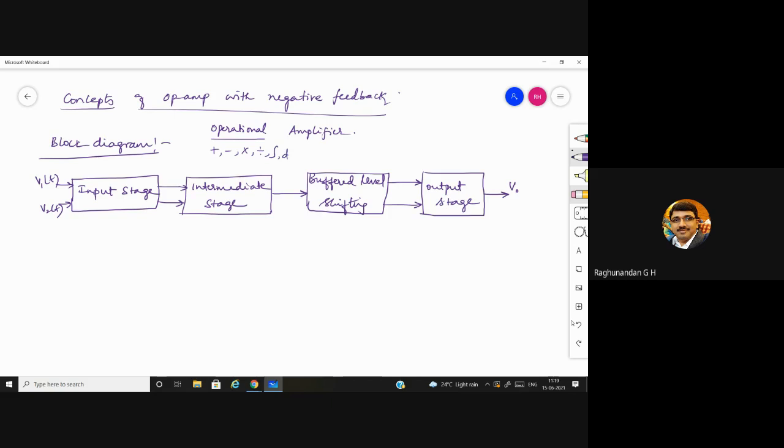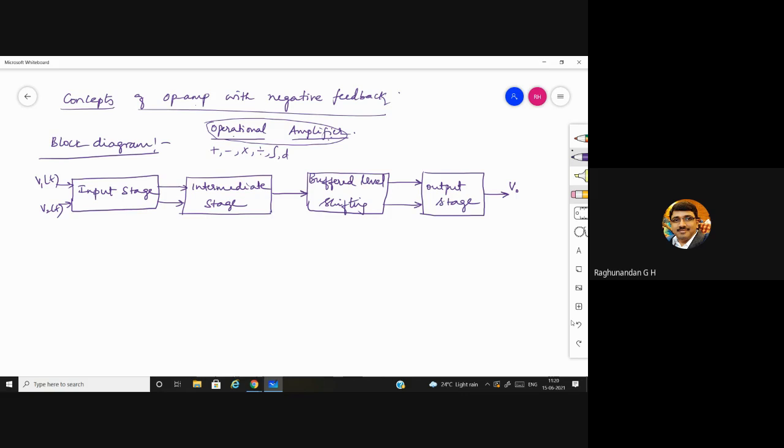The mathematical operations can be done. Along with that, amplifier. That means it is a device which is going to increase the strength of the given input signal. So the op amp is the device which is going to increase the strength of the signal along with doing some mathematical operation.